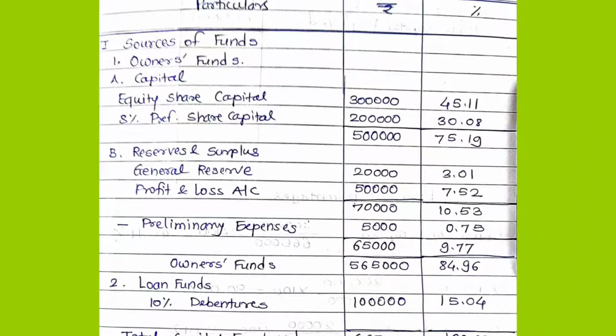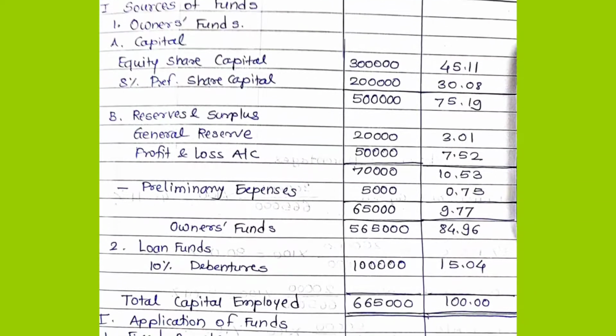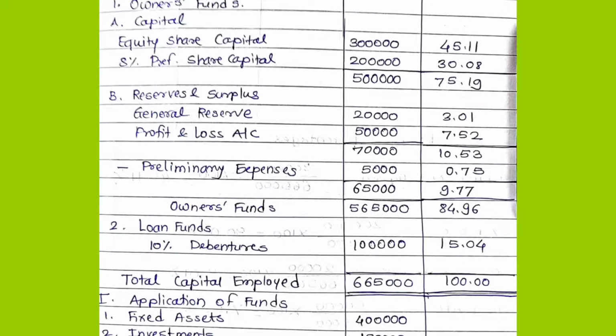So owners fund are 5,65,000, that will be divided by the total capital employed 6,65,000 into 100. So the owners fund percentage is 84.96%. So out of your total capital employed, that is 100, owners fund are 84.96%, and that is a huge percentage of owner funds.